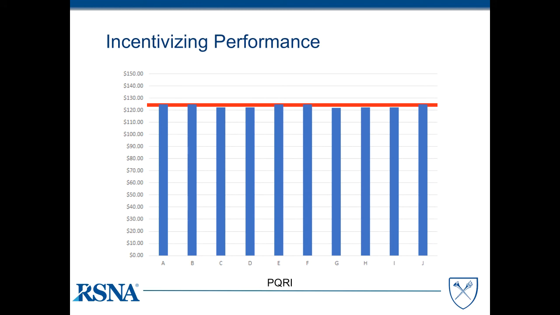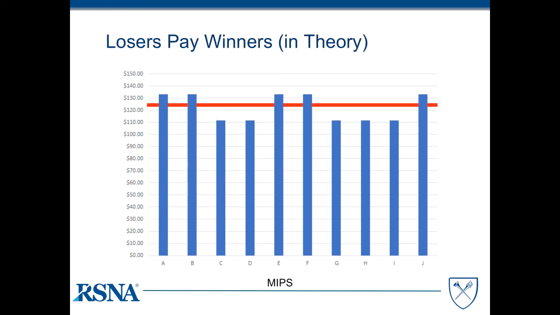Under PQRI, where you could unidirectionally receive a tiny bonus if you checked all of your performance boxes, you could get a very modest bonus of about 1% or so, barely noticeable as the taller lines on this graphic. And then when that went to PQRS, nobody got paid more than the RBRVS determined payment in the later years, but some, as you see here, got paid about 2% less. Again, not too noticeable in light of total payments.